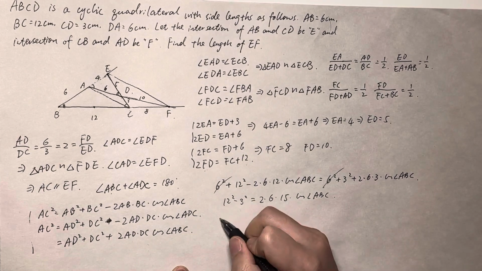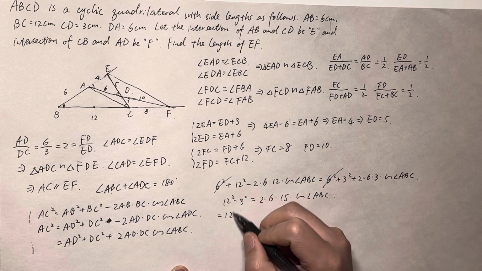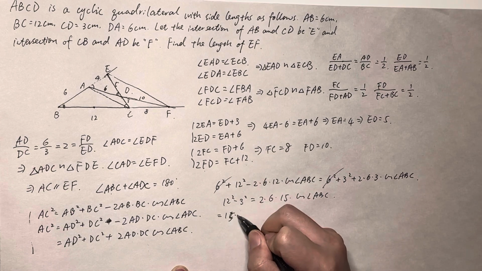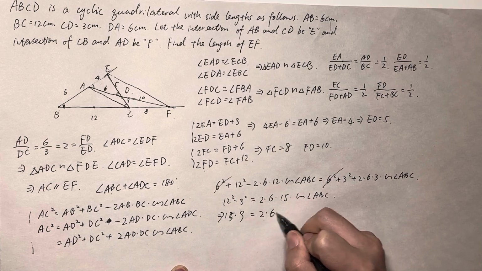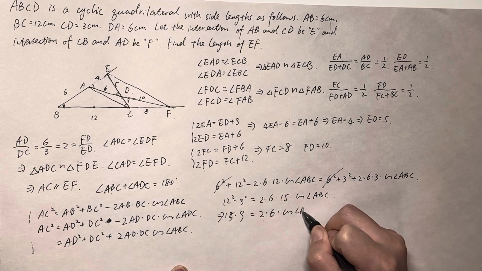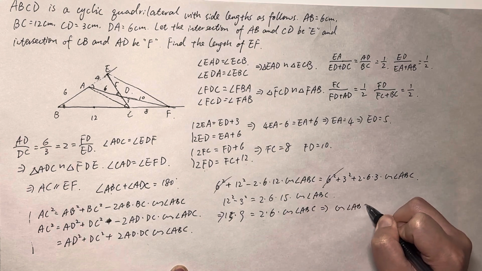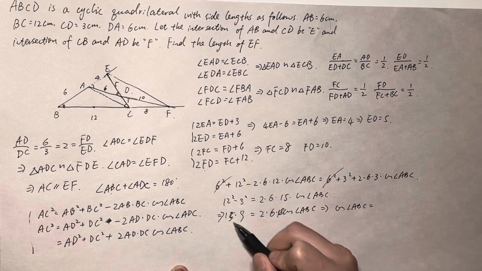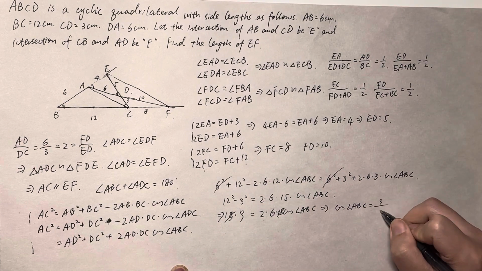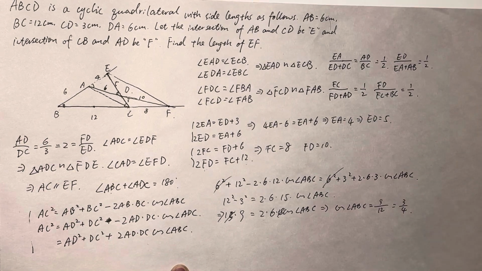And this equals 12 plus 3 times 12 minus 3, right? So that's 15 times 9 equals 2 times 6 times cosine angle ABC. So we know that cosine angle ABC equals 9 by 12, which is 3 by 4, right?